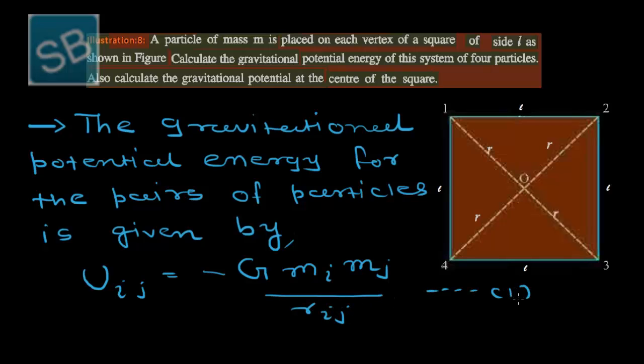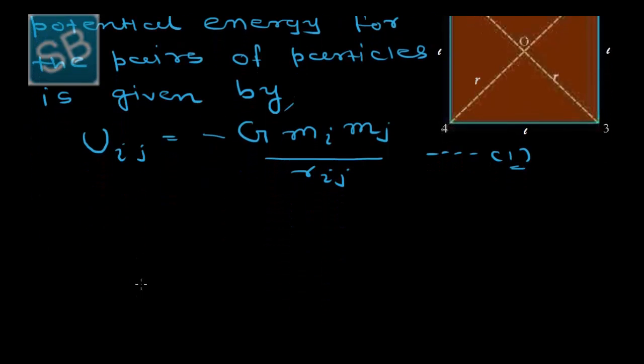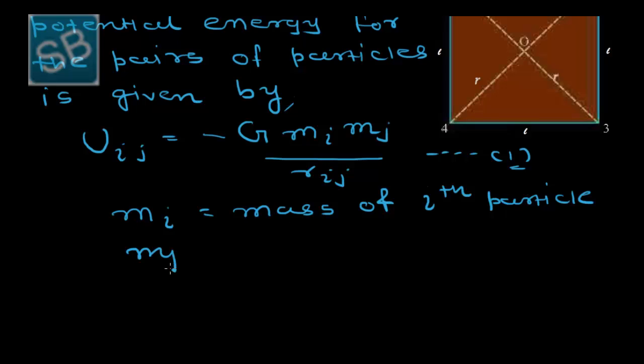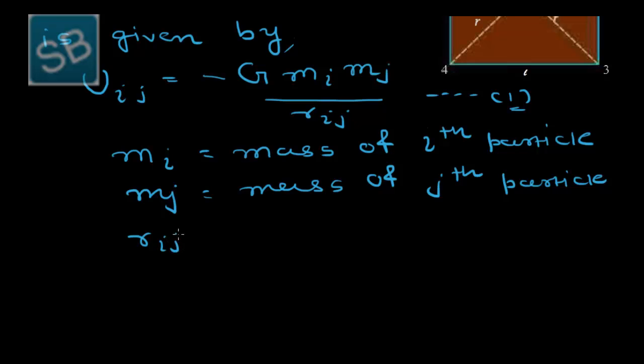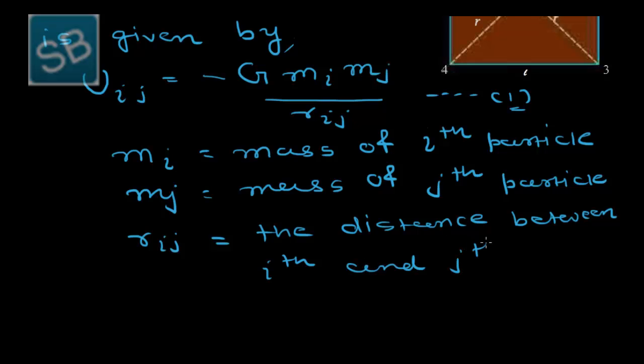So this is equation number 1, and here mi is the mass of the ith particle, and similarly mj is the mass of the jth particle, and rij is showing us the distance between the ith and jth particle.